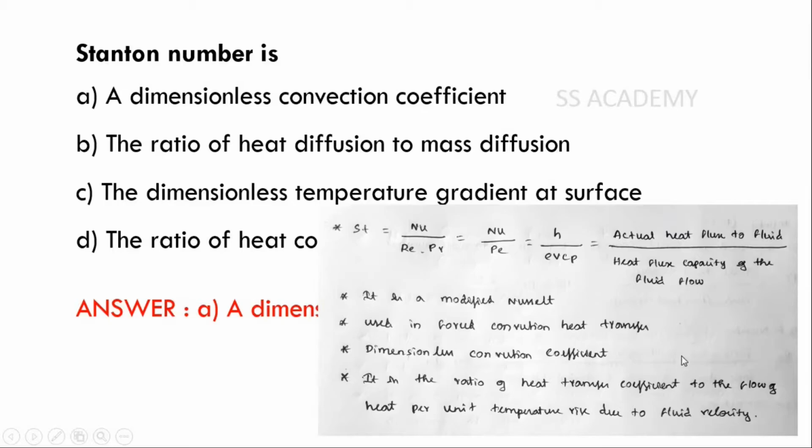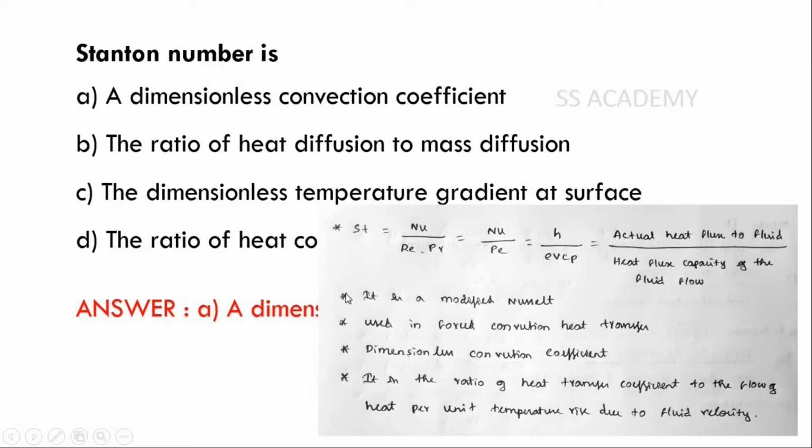The Stanton number notes are given. Stanton number you can write as Nusselt number divided by Reynolds number into Prandtl number, or you can write Nusselt number divided by Peclet number. In terms of formula, you can write h divided by rho V Cp. In terms of definition, it is a ratio of actual heat flux to the fluid divided by the heat flux capacity of the fluid flow.